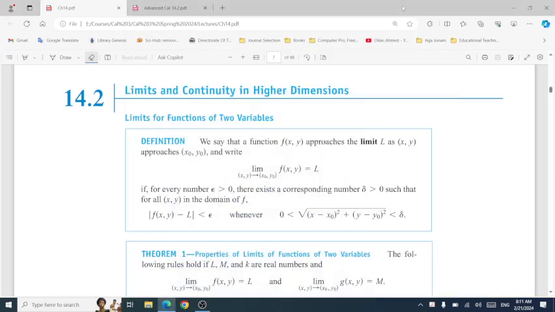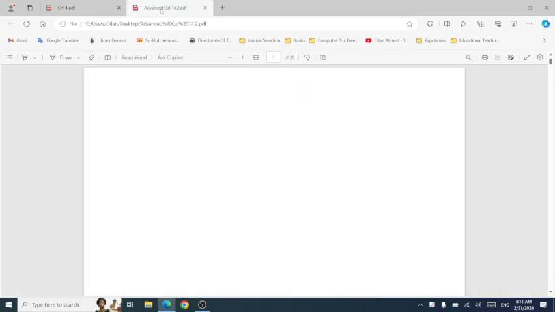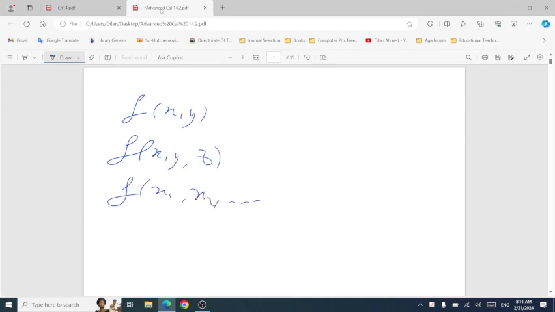Today we are going to talk about the next session, which is limit. As we mentioned before, in chapter 14 we have functions of several variables, maybe double variables, and so on. Maybe you have x, y, z, maybe you have f of x1, x2 up to xn variables.